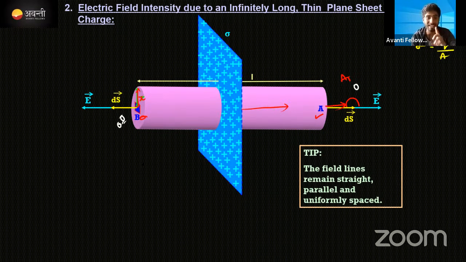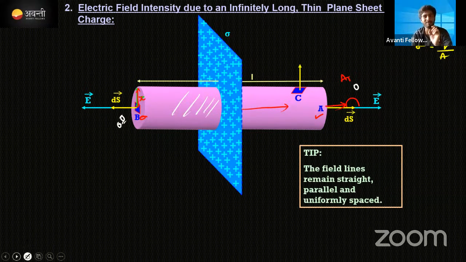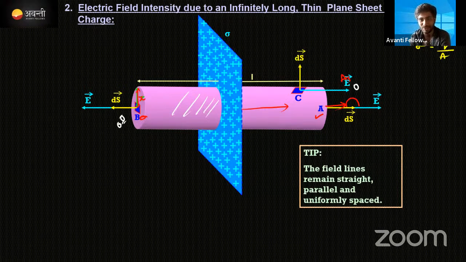Now we have a third surface also for the cylinder, correct? This is the third surface. For this third surface, if I take the area here, point C, the area vector will be looking in the upward direction, but at this point the electric field lines are moving in this direction, curved surface. Now look here, the angle between the area vector and the electric field lines becomes 90 degrees. Yes, good.